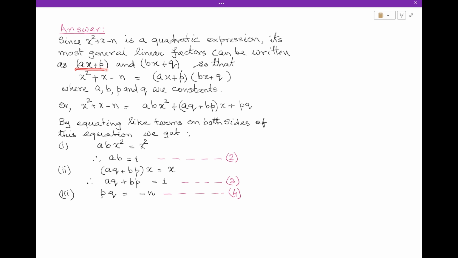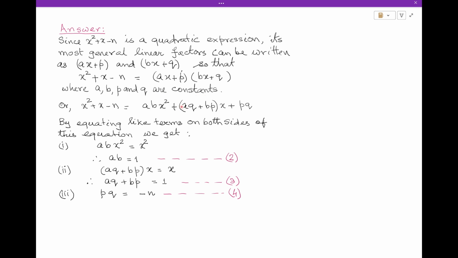ax plus p and bx plus q, so that x square plus x minus n is equal to ax plus p multiplied by bx plus q, where a, b, p and q are constants.